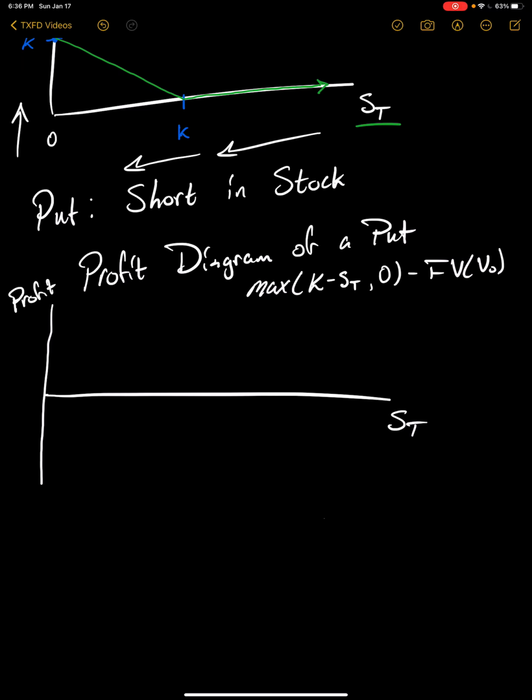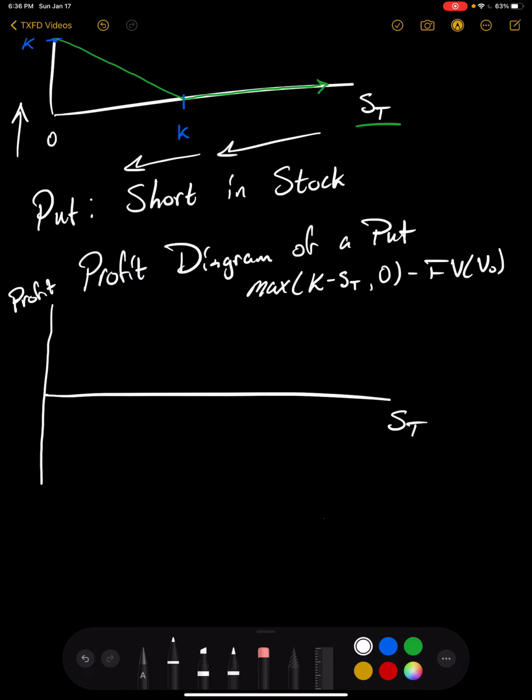So again, what's the worst we could do? Well, when the stock price is at a maximum, then we just lose the future value of our initial cost, right? The best that we can do is when the stock price is 0, and that's going to happen up here.